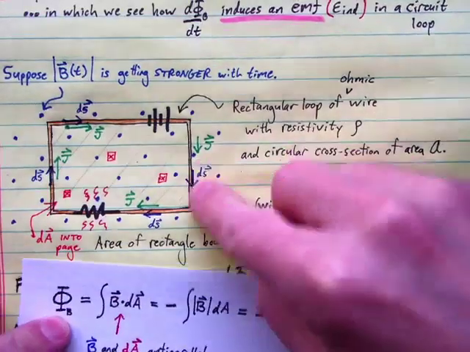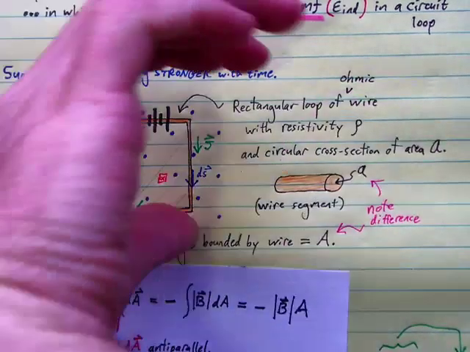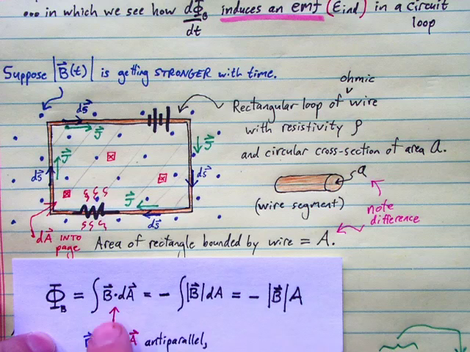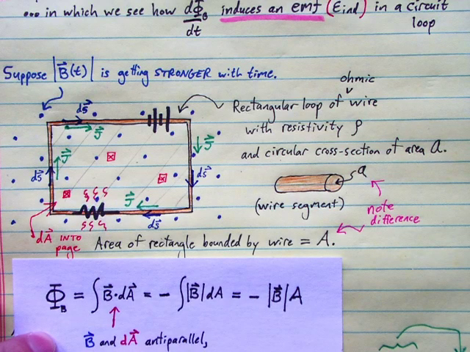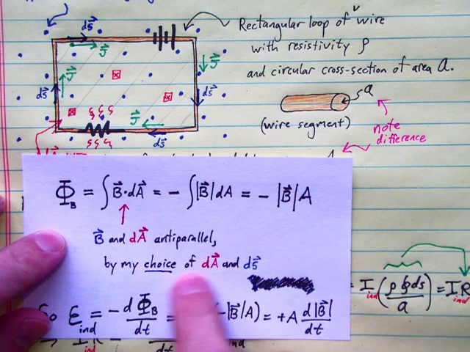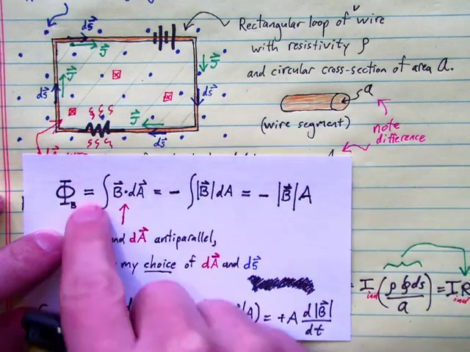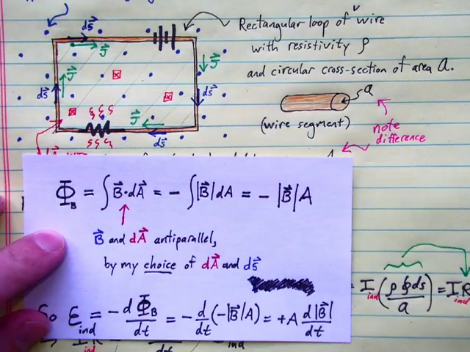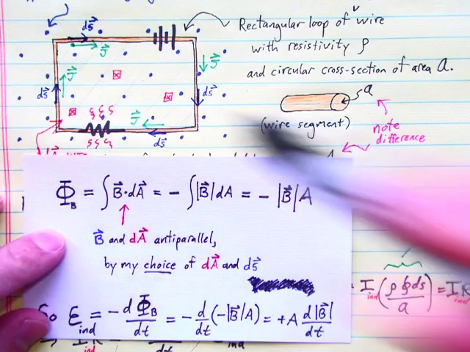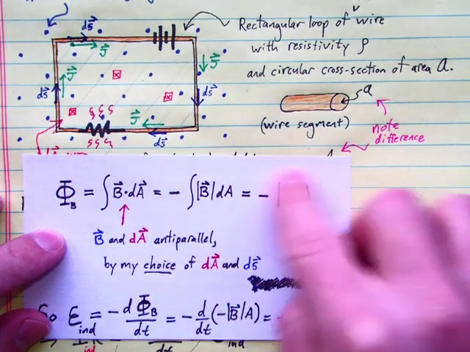If the dS's are clockwise and our dA's are then inward by right-hand rule, then the magnetic flux through a rectangular loop, given by this expression, well, our B and dA are anti-parallel to each other by my choice of dA and dS. So that gives us a minus sign right there. So our magnetic flux is negative in this case, since the B field is outward, and I'm defining inward to be the positive direction. I'm defining it that way. So we've got a negative magnetic flux.